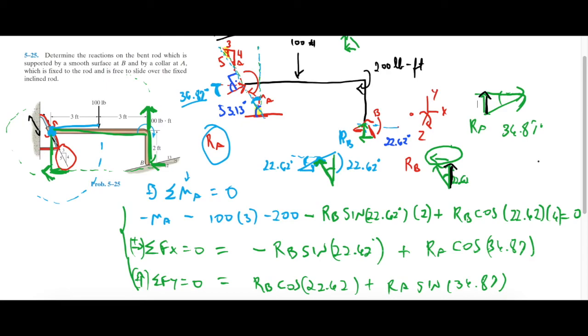So bear with me for 1 second. I'm going to put RA first. So for the first equation, we have 0 RA, and then negative 2 times sine 22.62 plus cosine 22.62 times 6, correct? Yep. And then minus 1 for MA.